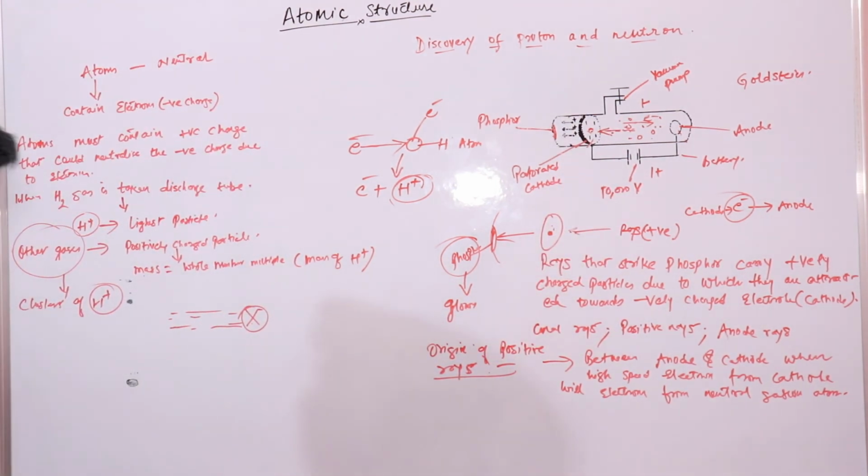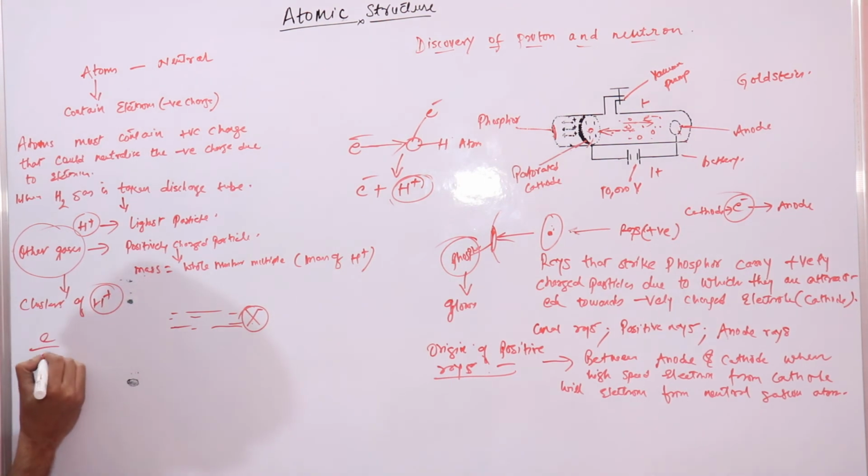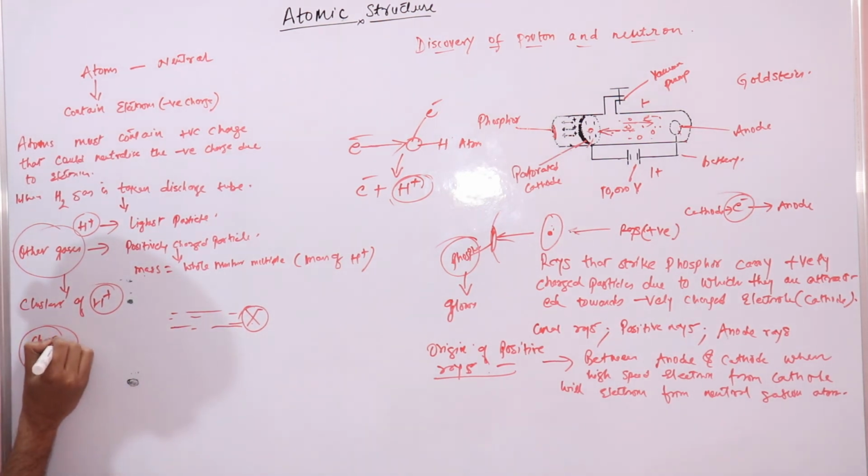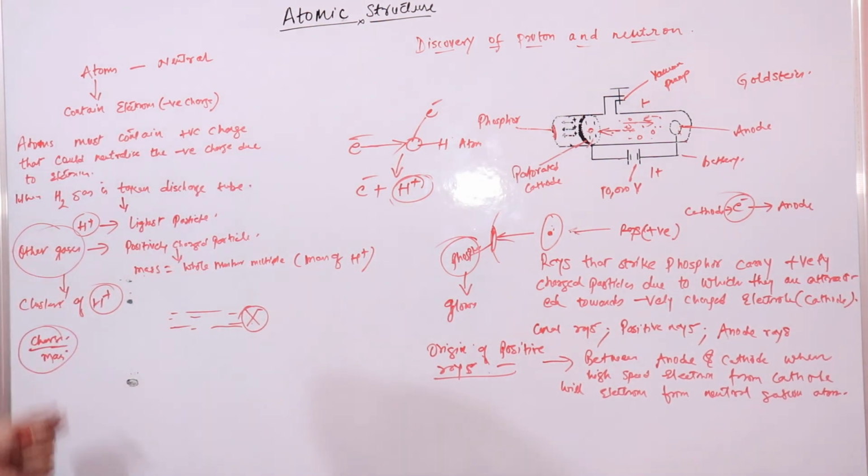Now one more important thing is the e upon m ratio. What is the e upon m ratio? It is the charge to mass ratio of positively charged particles.